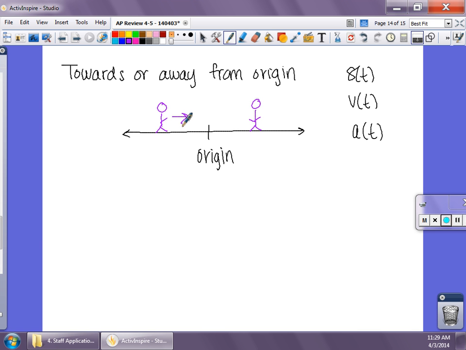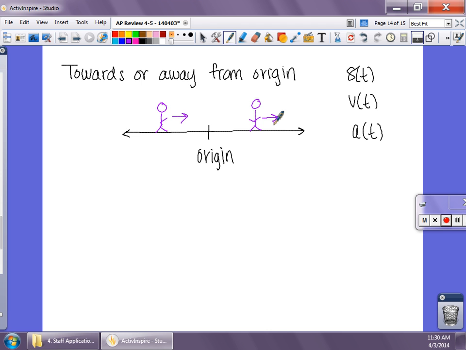If I'm over here and I'm going this direction, my velocity is positive, because this way would be to the right. Over here, my position is positive. But if I do positive velocity, I'm not moving towards the origin anymore because I passed through the origin and now I'm on this side, so that should make sense.